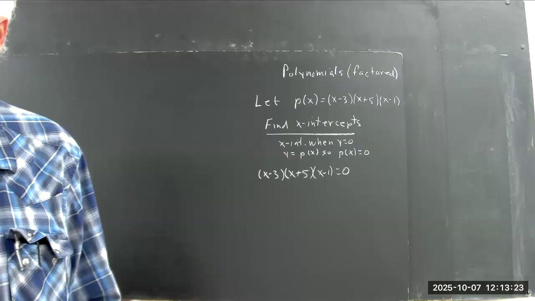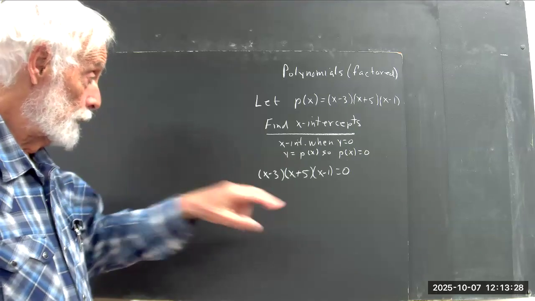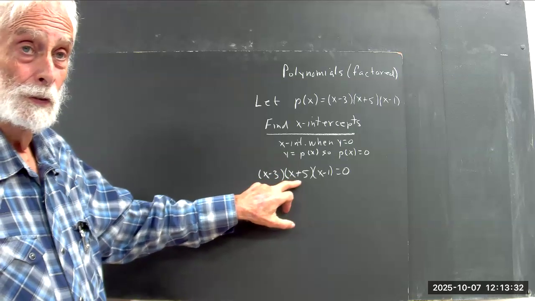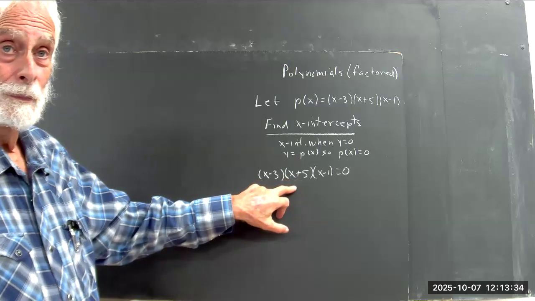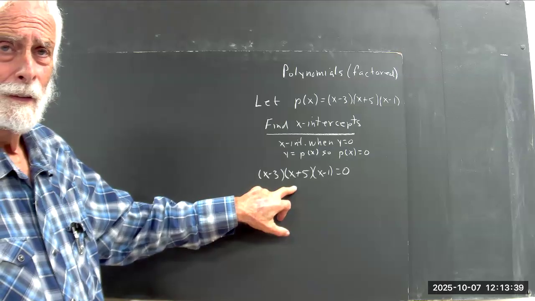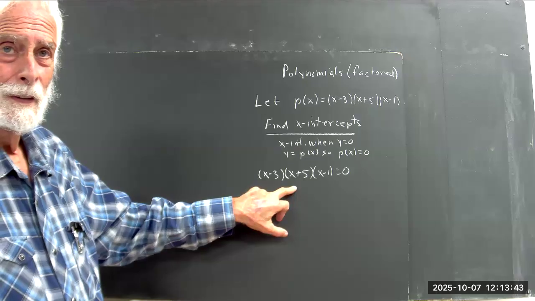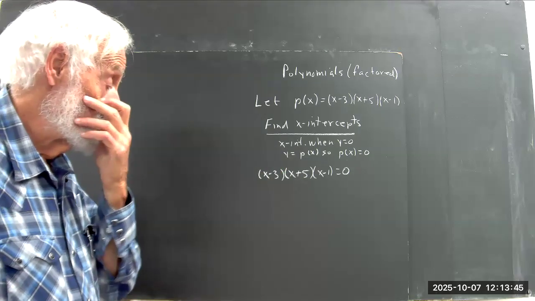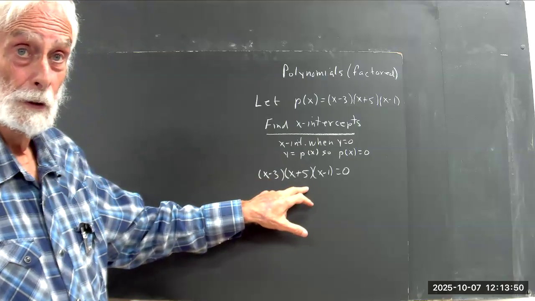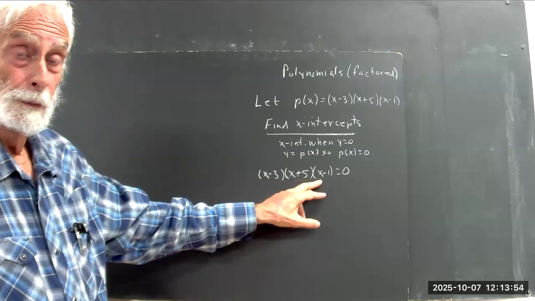You picked the first factor and gave me the number that made it 0, right? What x value would make the second factor 0? Well, I'll answer -5. If x is -5, what's -5 plus 5? It's 0, right? What number would make this one 0?